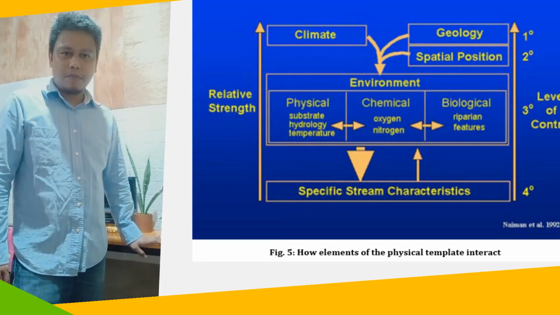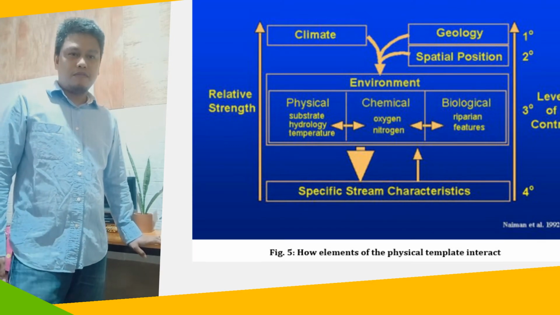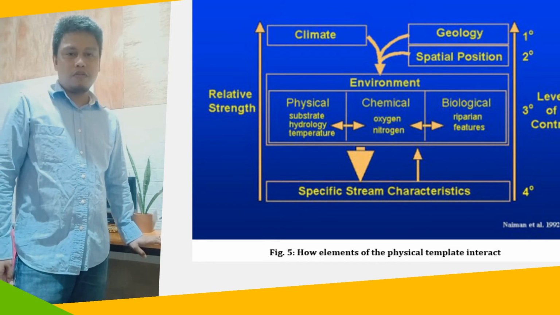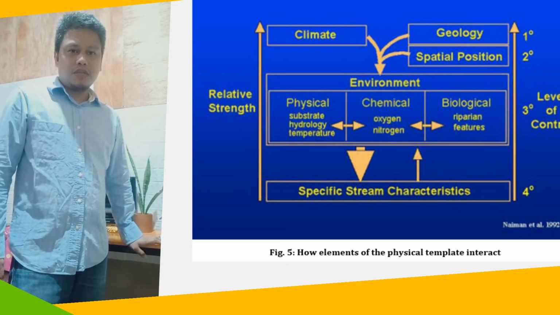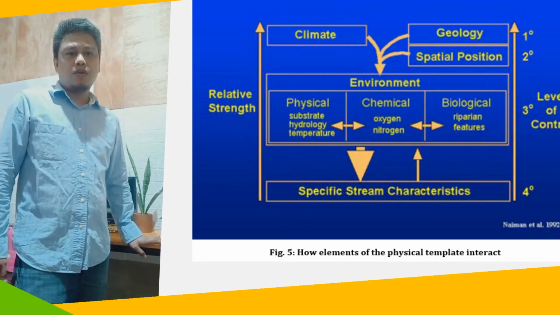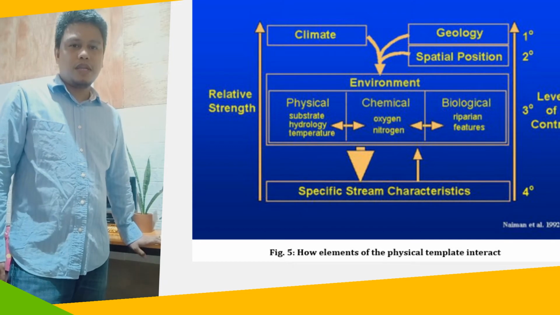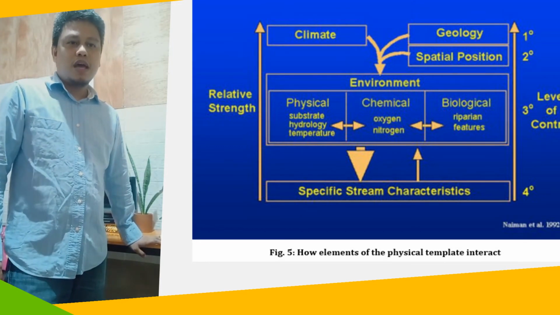The physical template of watershed structure is ultimately determined by varying combinations of climatic, geomorphic, and hydrologic processes. The three elements of the physical template and other factors also interact significantly in determining the structure and composition of a watershed and its biotic communities.